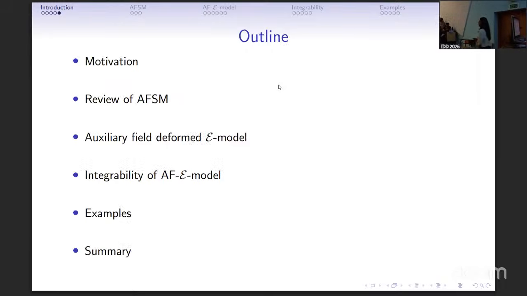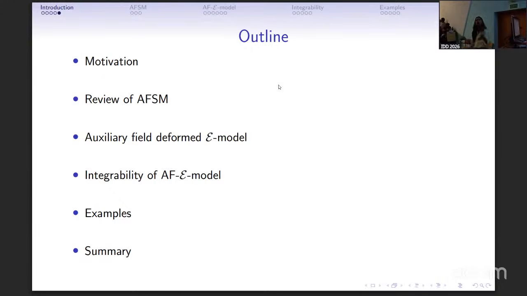So just to give a little outline of the talk, I just talked about the motivation behind this work. And to give a little bit of introduction, I would be reviewing what exactly auxiliary field sigma models are, what are the different tools that you will need to construct the auxiliary field deformed E model, and then we'll be looking at its construction. And then, of course, we have the question of integrability.